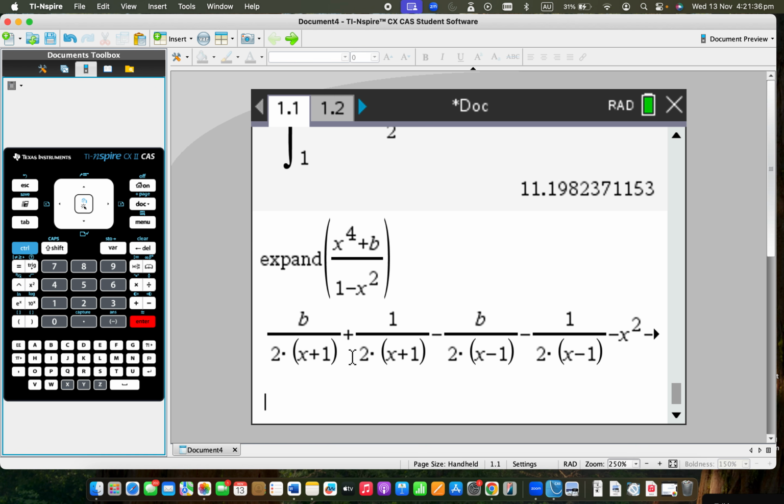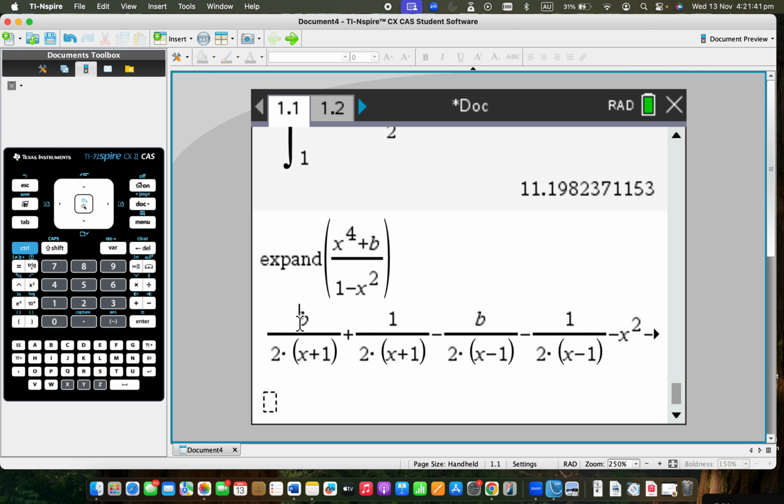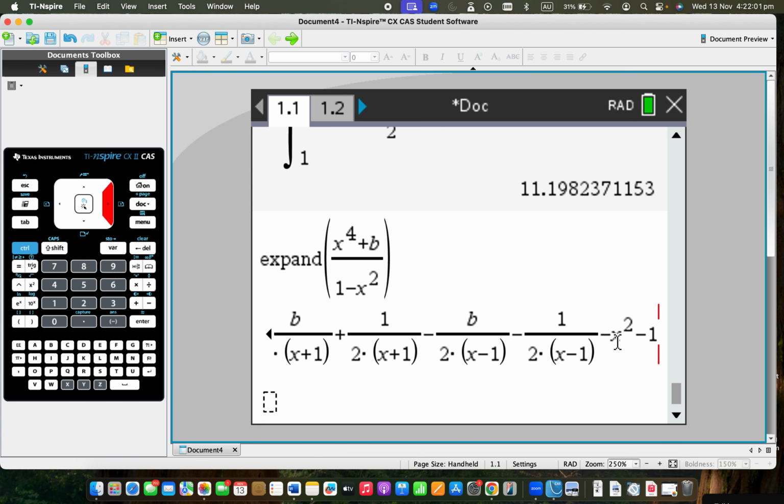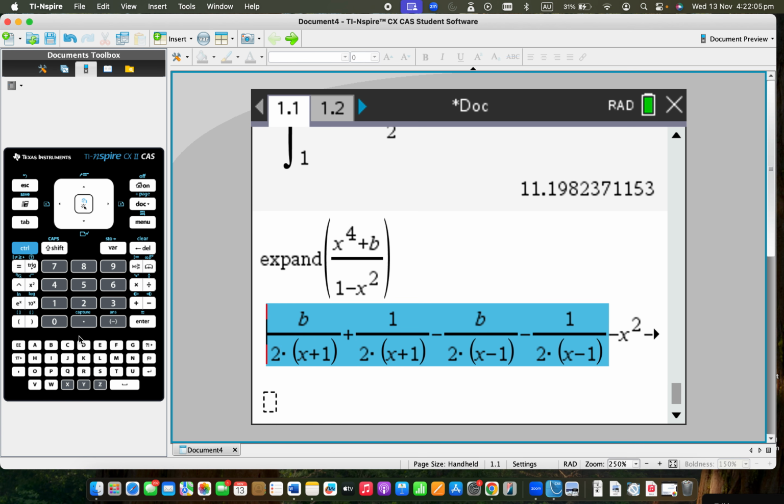No asymptotes. Okay, so if b is x plus 1, wait, no, if that's 0, if b is 0, you won't have that, and that, okay, so you want all of this to be equal to 0.